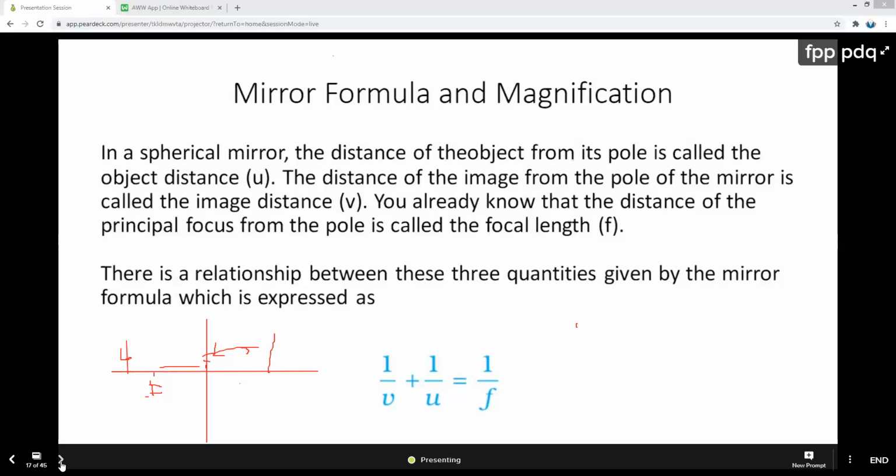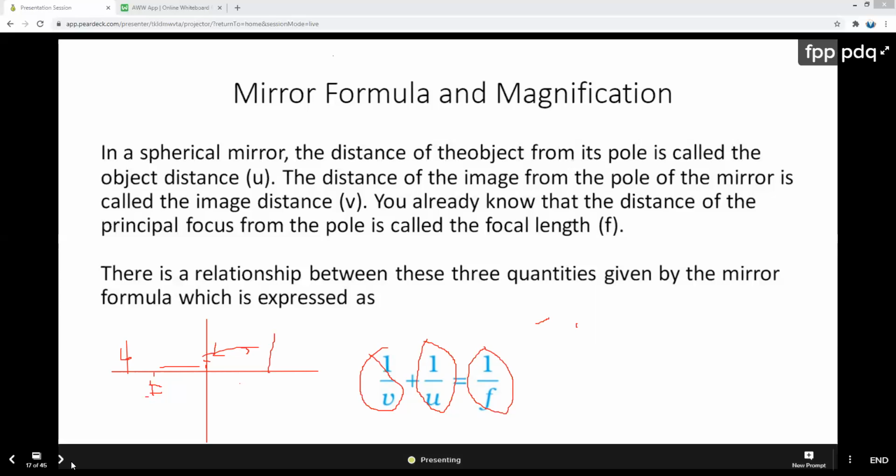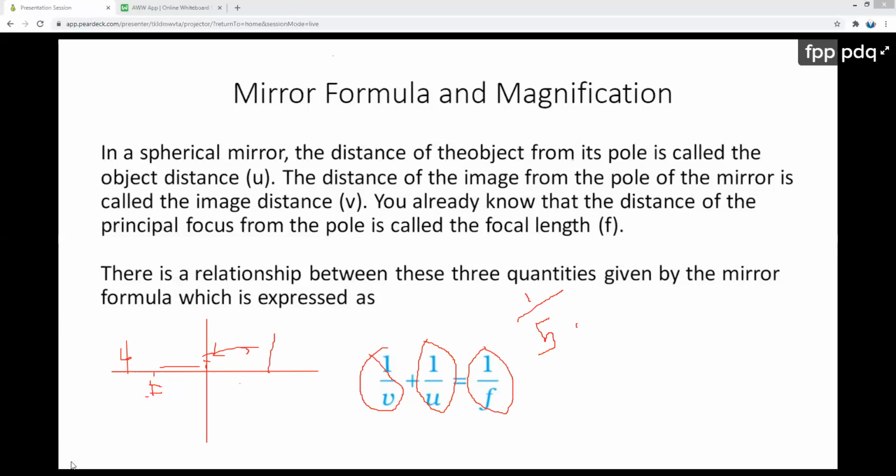Now, one more thing. The relationship between the object distance, image distance, and the focal length is 1 by v plus 1 by u equals 1 by f. Usually, suppose we have the object distance 5, so we'll take it as 1 by 5 plus image distance 1 by 6 equals 1 by f.